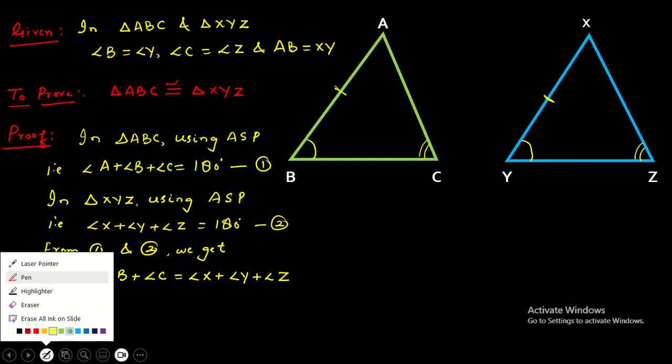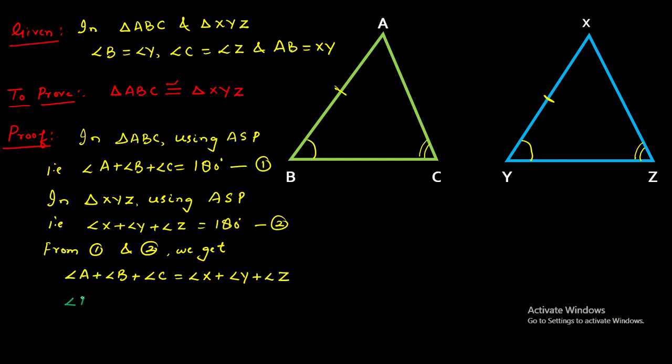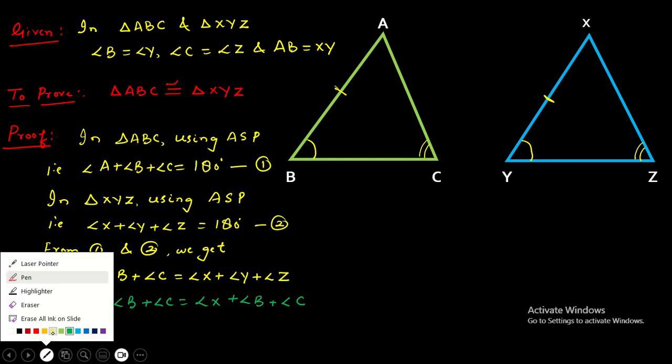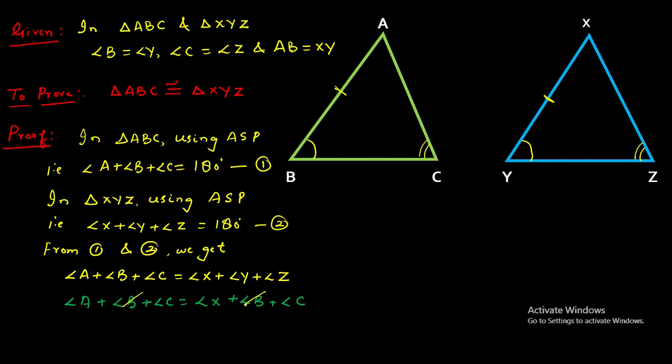Now we know that angle B is equal to angle Y, so instead of angle Y, we can write angle B. And we know that angle C is equal to angle Z, so instead of angle Z, we will write angle C. So here angle B and angle B will be cancelled and angle C and angle C will be cancelled.